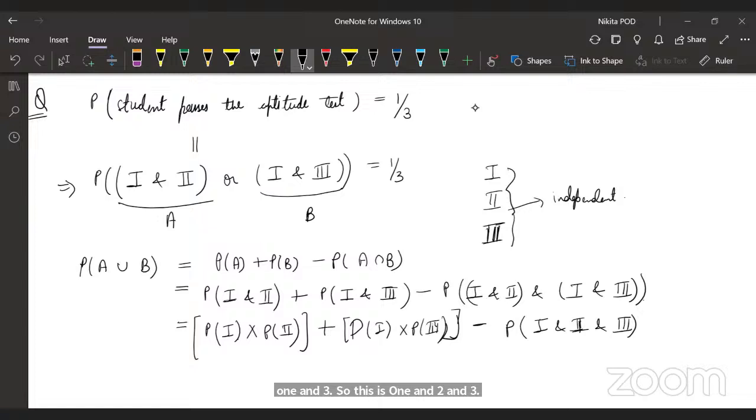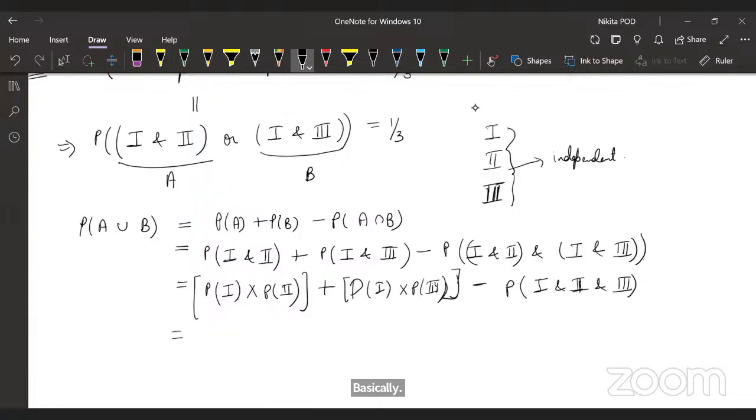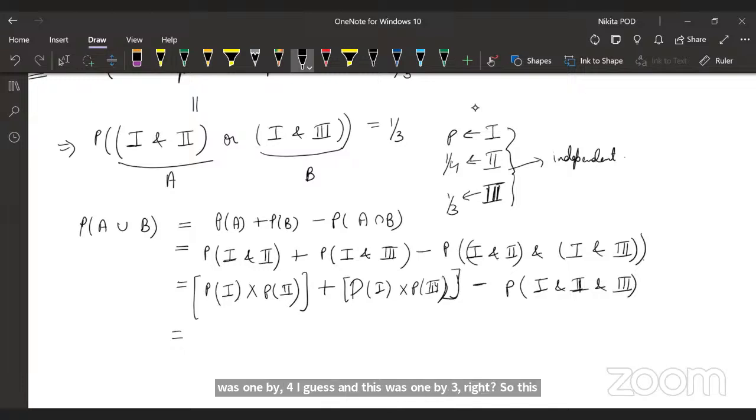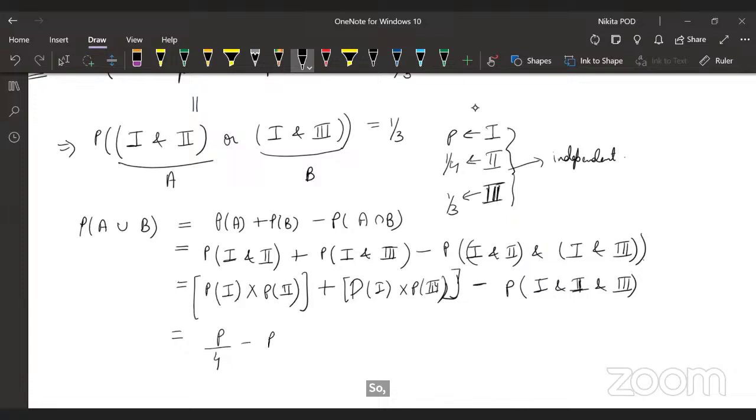Now all these probabilities were given to you. This was P, this was 1 by 4, I guess, and this was 1 by 3. Ma'am, we are subtracting the case when the student passes all 3 sections.